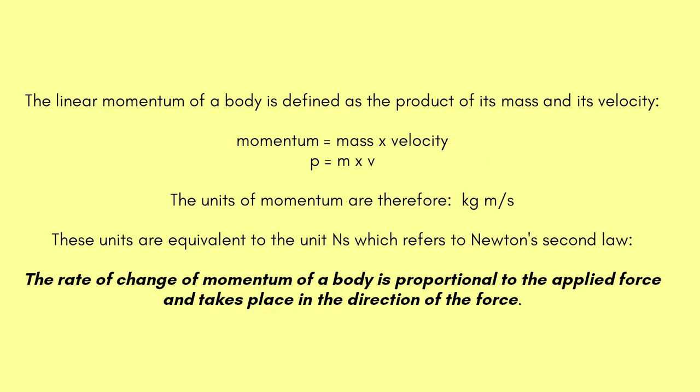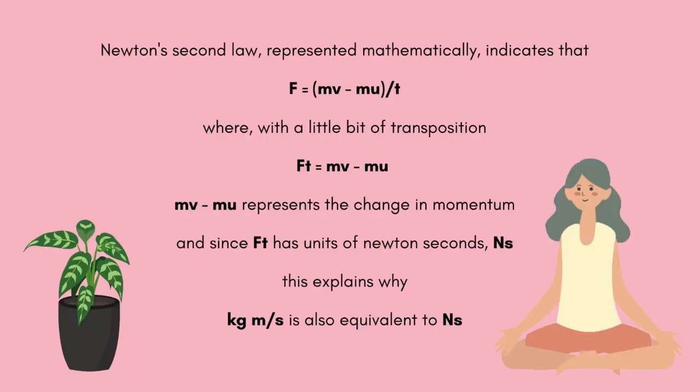These units are equivalent to the unit newton seconds, which refers to Newton's second law. The rate of change of momentum of a body is proportional to the applied force and takes place in the direction of the force.